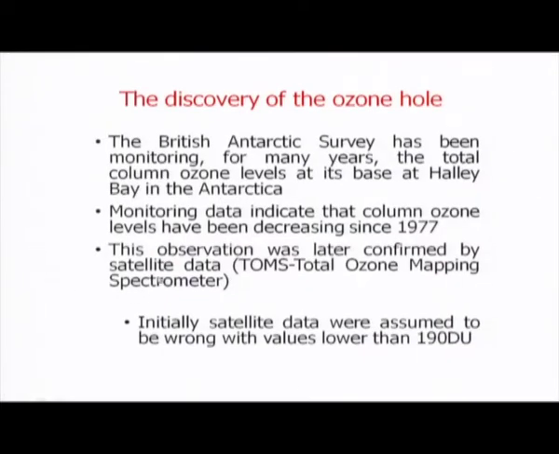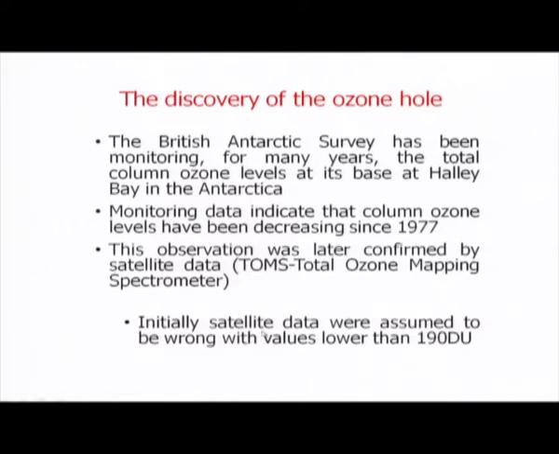One satellite instrument was used for monitoring data. This was also confirmed by the satellite data, that is, the total ozone mapping spectrophotometer was used, and they also confirmed there is a loss of ozone in the stratosphere. Okay. But this was not accepted by some group of scientists.